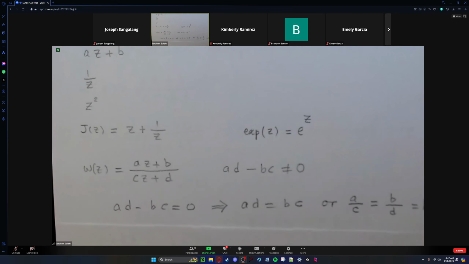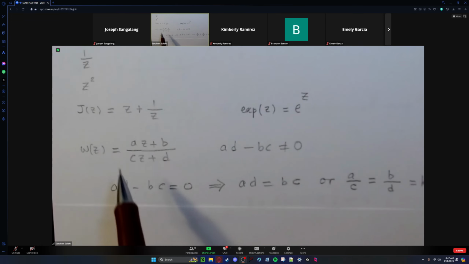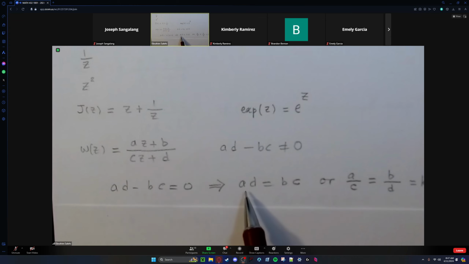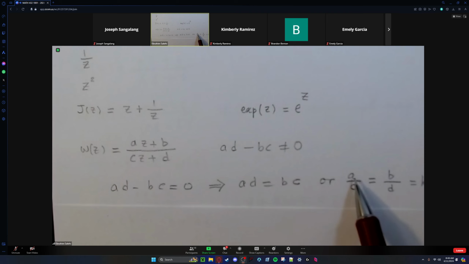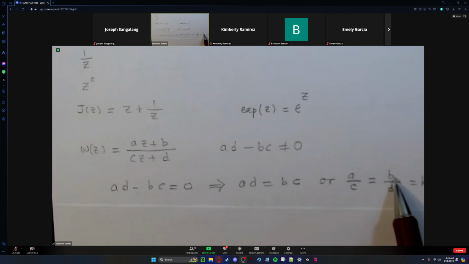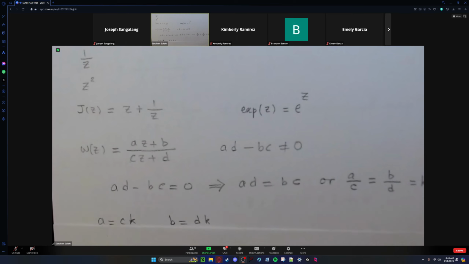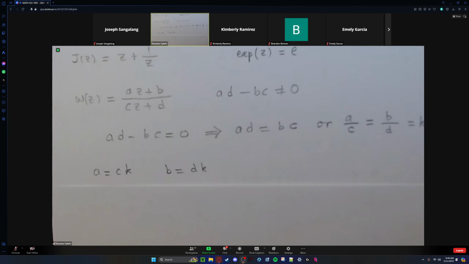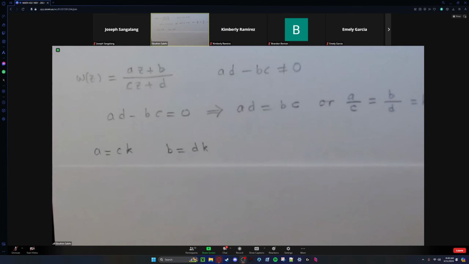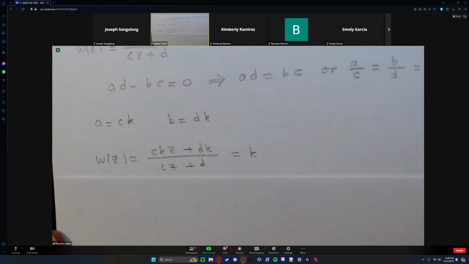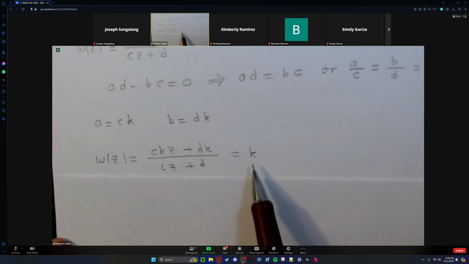If AD minus BC is zero, then A over C is the same as B over D. If you call it K, replacing A and B and factoring K, we get a constant function.